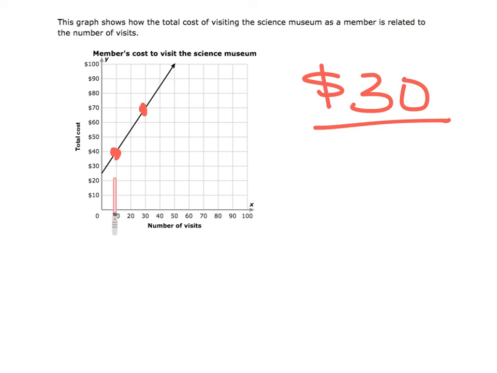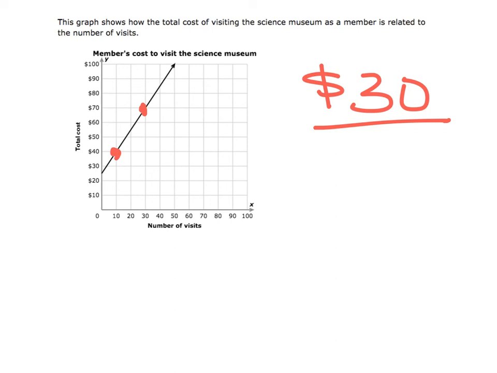$30, and how much are we going over? We're going from the 10 visit line to the 30 visit line. 10 to 30. Remember we talked about 30 minus 10? Talked about subtracting where we're going from where we're starting.